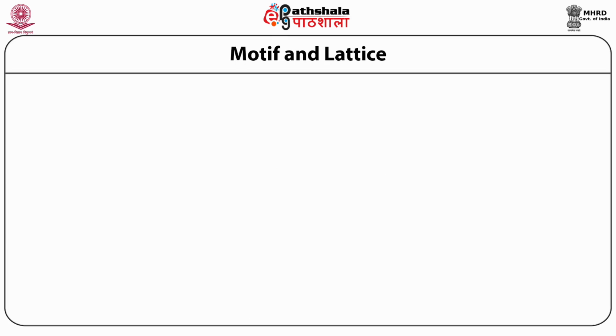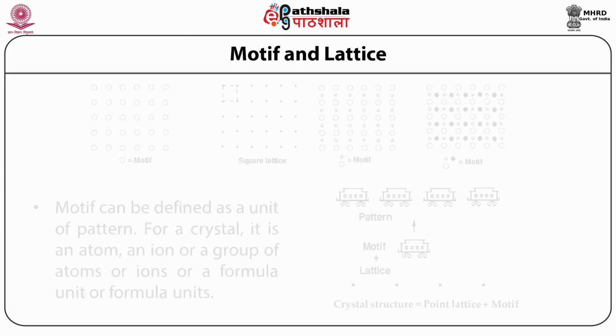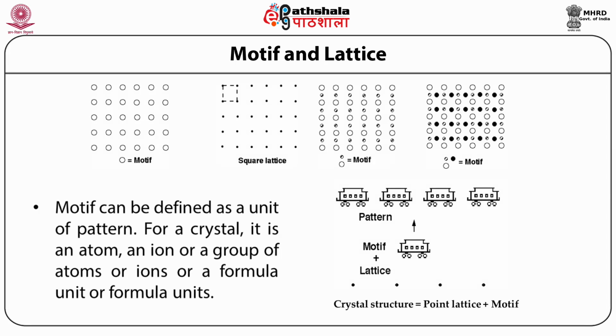Motif and crystal lattice. Motif can be defined as a unit of pattern. For a crystal, it is an atom, a group of atoms, or a formula unit, or a set of formula units oriented in different manner with respect to each other as shown in the figure.